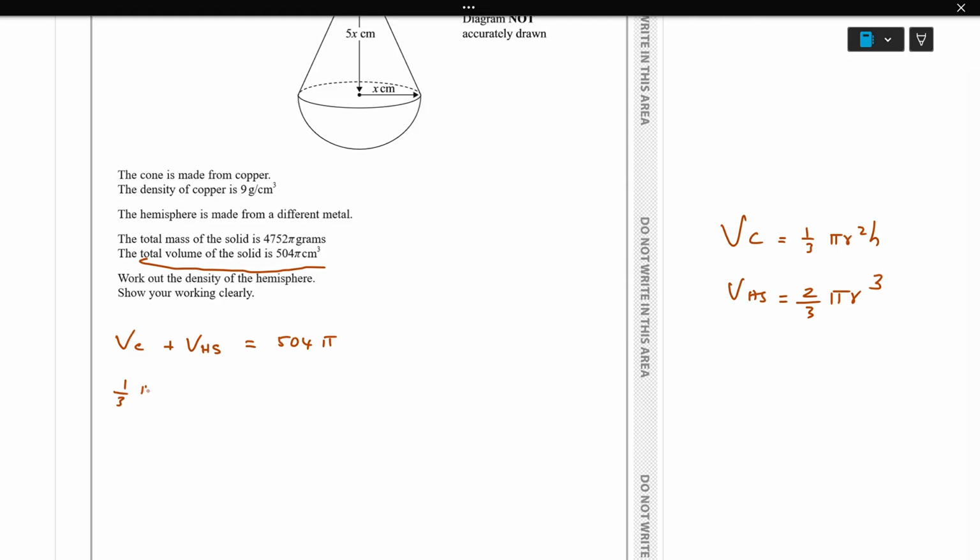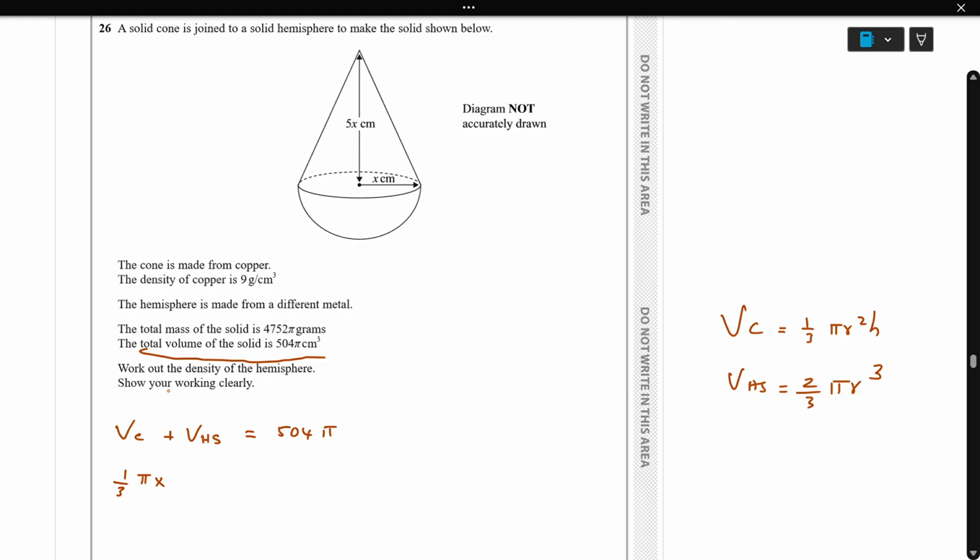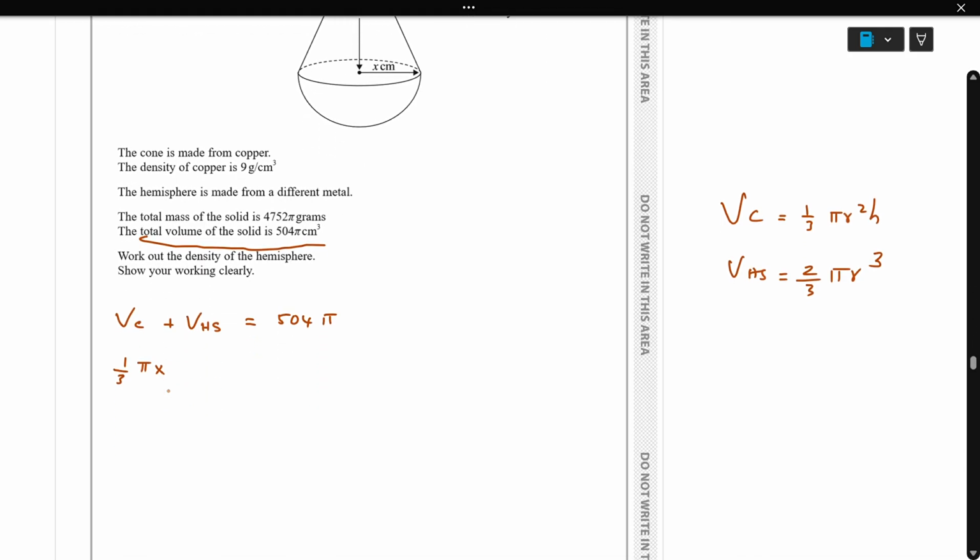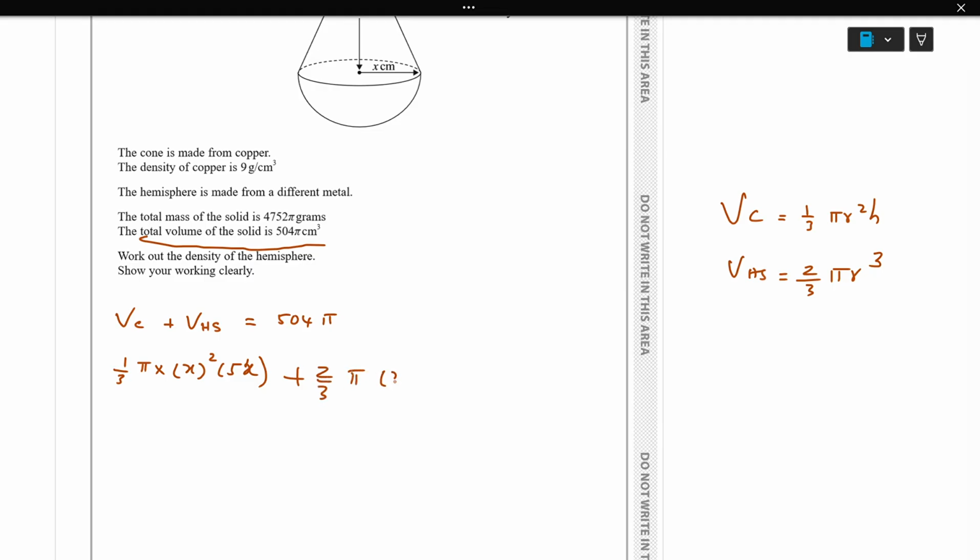Now first formula, volume of cone, which is 1 by 3 pi r square h. Radius is going to be x and height is going to be 5x. So here radius is x square into 5x h plus hemisphere, which is 2 by 3 pi into r cube, which is x cube, equal to 504 pi.